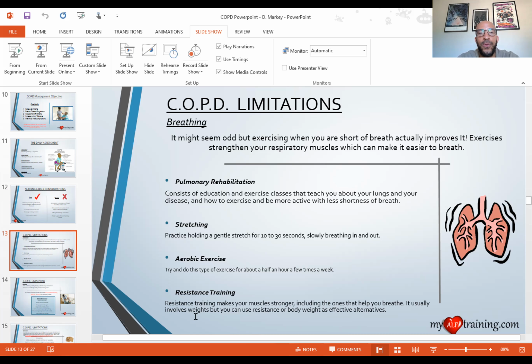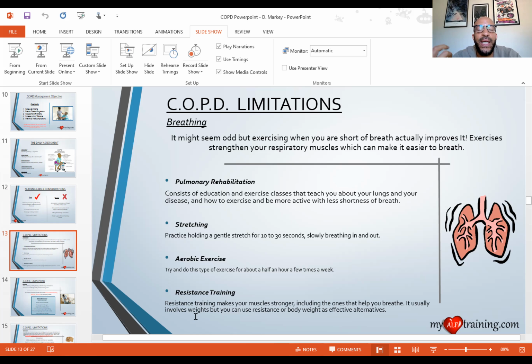So, what would be an example? An example of resistance training for a patient with COPD would be having them hold their arms out, holding a small weight if you have one at your facility, or just holding their arms up, doing pumps with their arms or legs, holding their legs out, putting their arms above their head, and maybe you putting your hand and providing some resistance on their hands to make it difficult for them to keep their arms up.